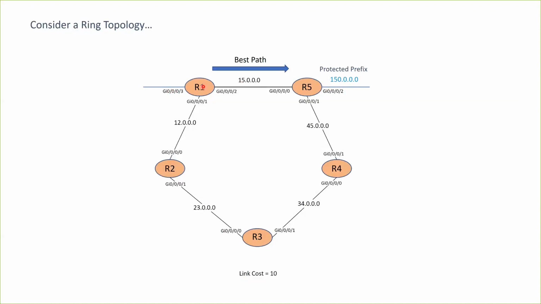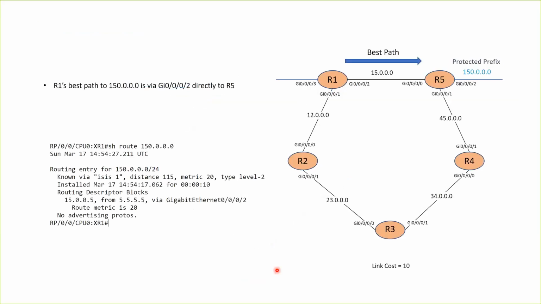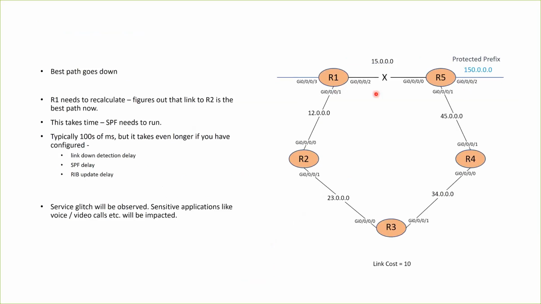Please keep in mind all link costs are 10. I'm running ISIS as the IGP, so by default the link cost is 10 everywhere. R1's best path to reach 150.0.0.0 is directly to R5. Now what happens if the R1 to R5 link goes down, a fiber cut or whatever?